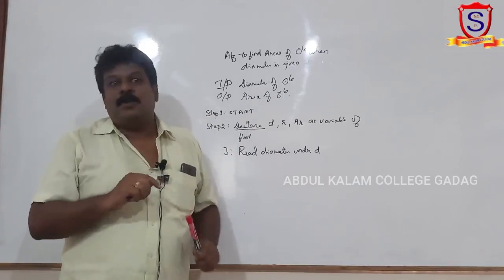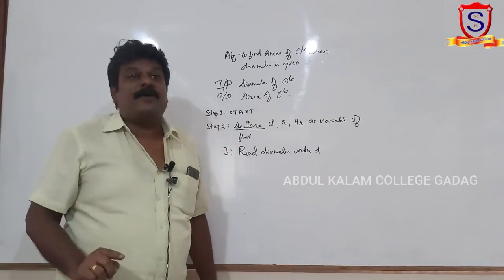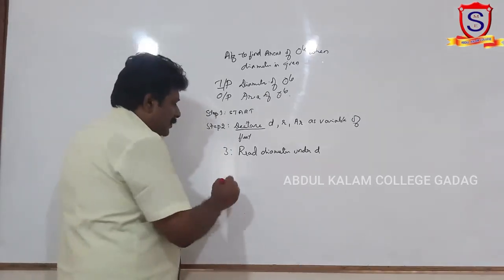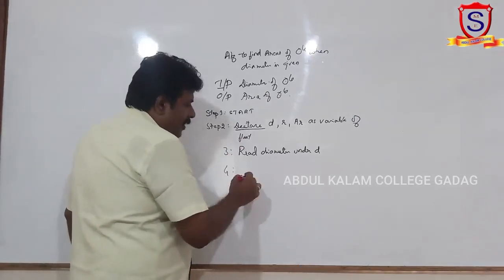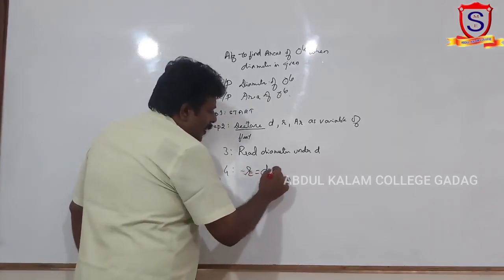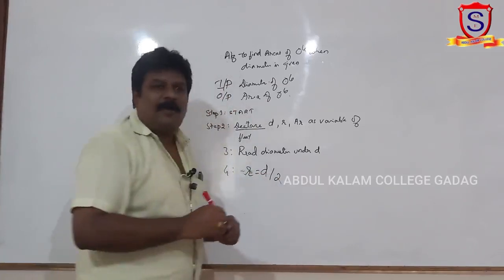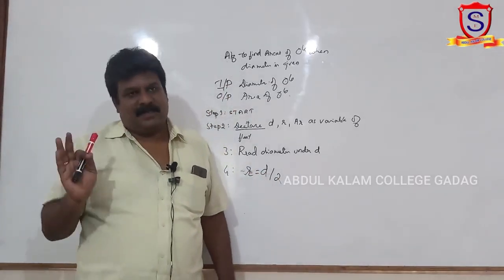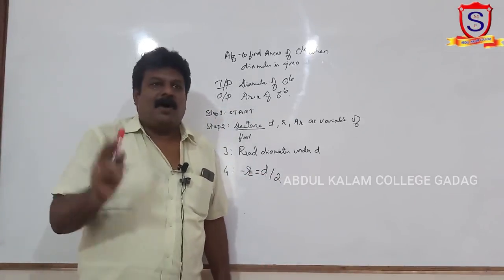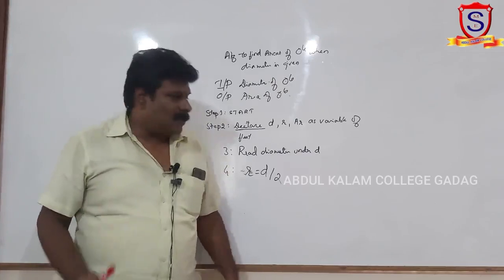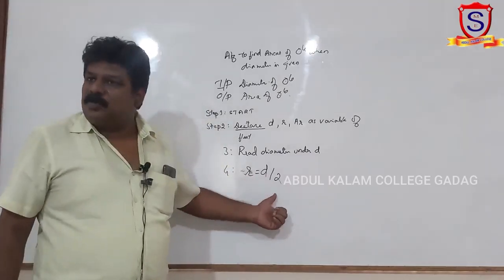Radius is there. So it is essential for me to convert diameter into radius. How do I do that? In step number 4, I say R equal to D by 2. This is the formula which is used to convert diameter to radius. As you know, the diameter will always be double the radius. Am I right? So I gave R equal to D by 2.